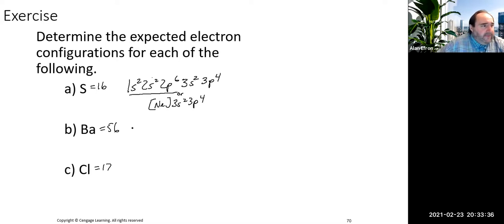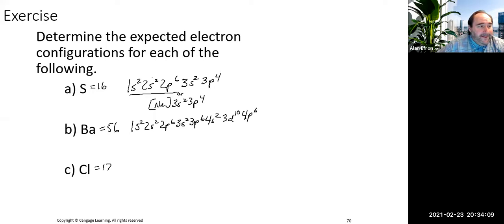Then we go with barium, which is 56. I'm regretting that already. So we go 1s2, 2s2, 2p6, 3s2, 3p6, again 4s2 at that point. That's like 20 if I'm not mistaken, almost there. We've got to then go to our 3d10 next, followed by our 4p6 at that point.